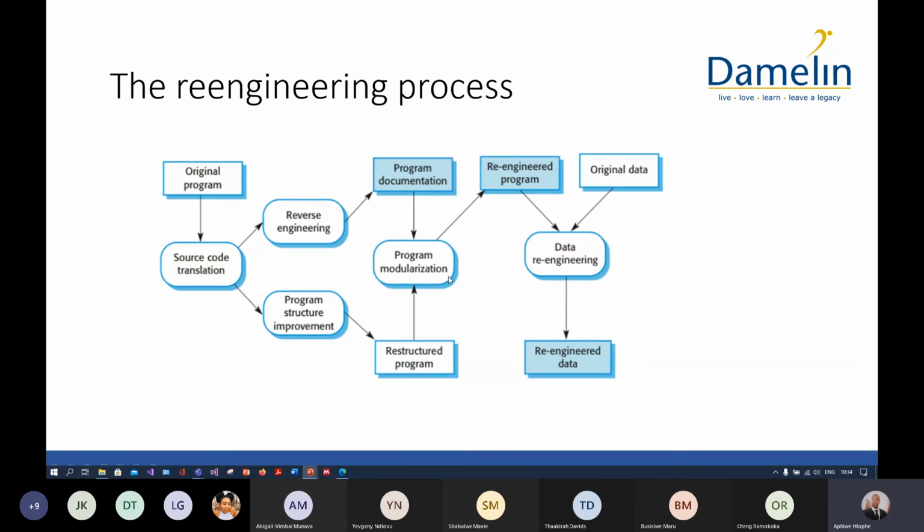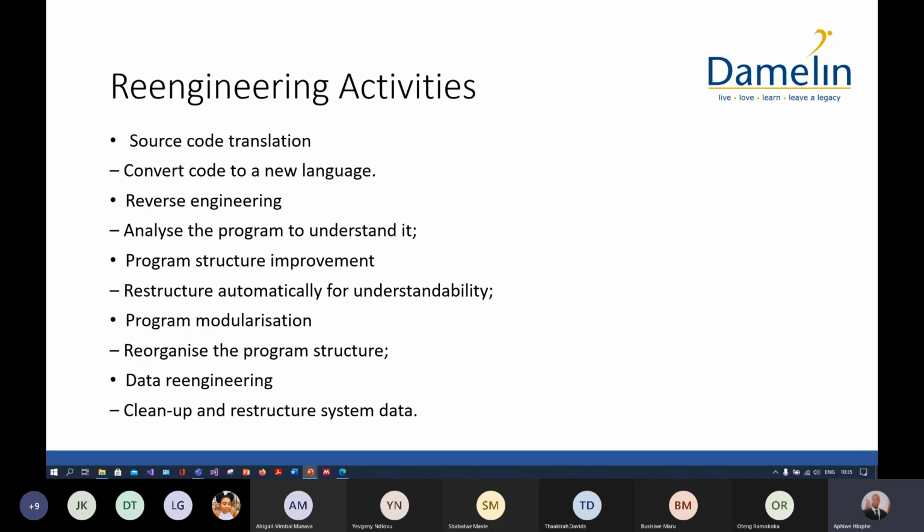A more modern class of objects of this particular system using object-oriented programming languages. And then we have the re-engineered program, which leads us to the next phase where we're trying to update our data now, or migrate our data from the old structure to the new database structure. And this is just a text version of that particular diagram.